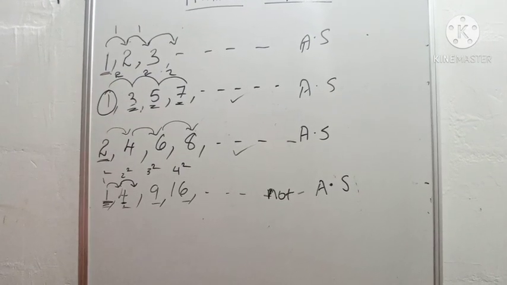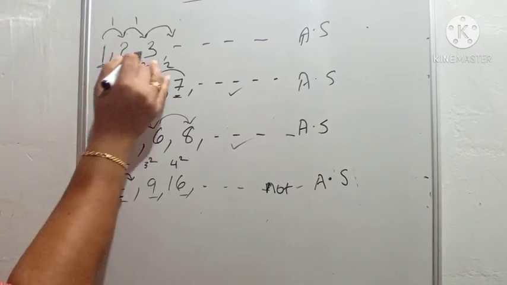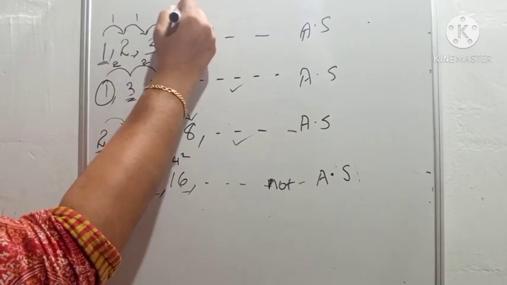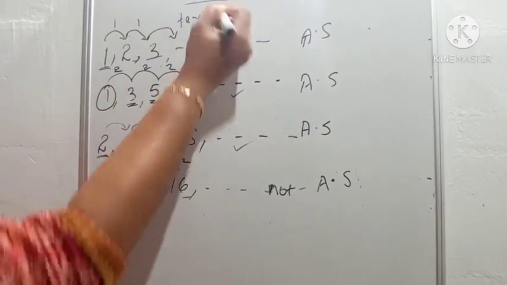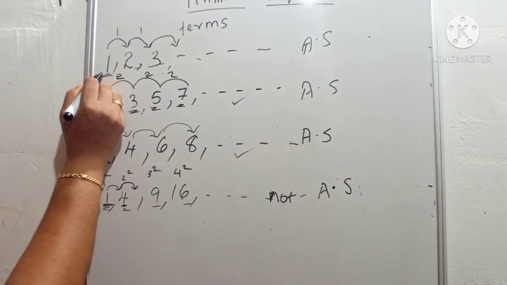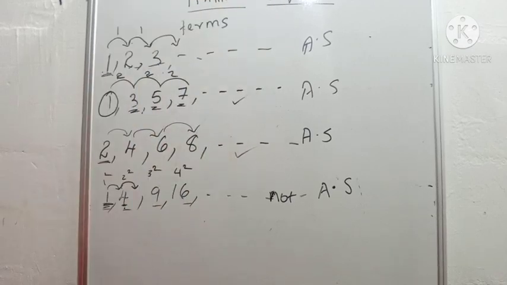In an arithmetic sequence, all these numbers are called terms of the sequence. This is the first term, this is the second term, this is the third term, like that.